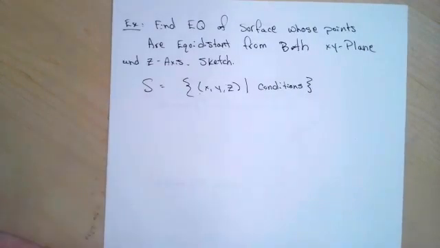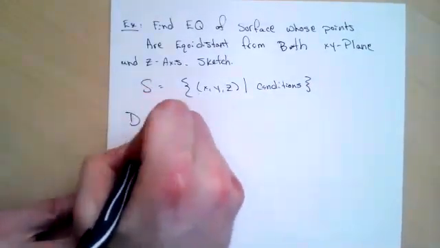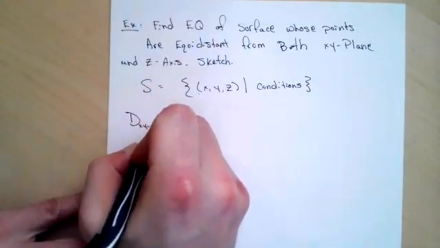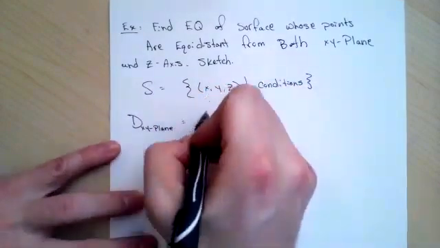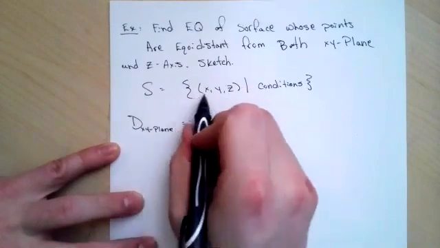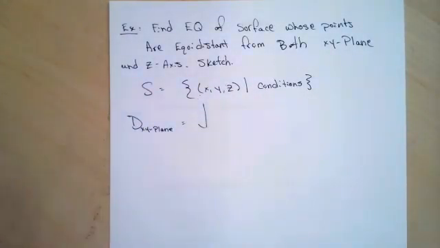Based on our previous example, we know that the distance to the xy plane is going to be the square root of... we're picking some arbitrary point x, y, and z on our surface.